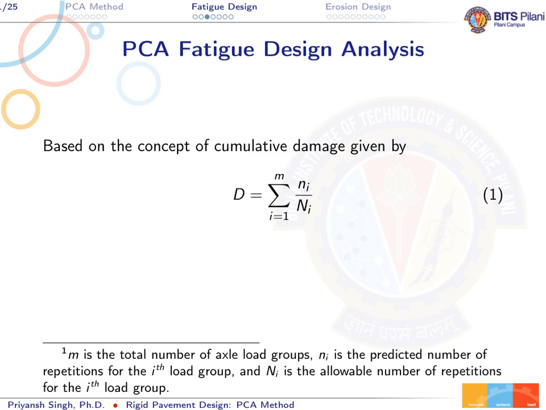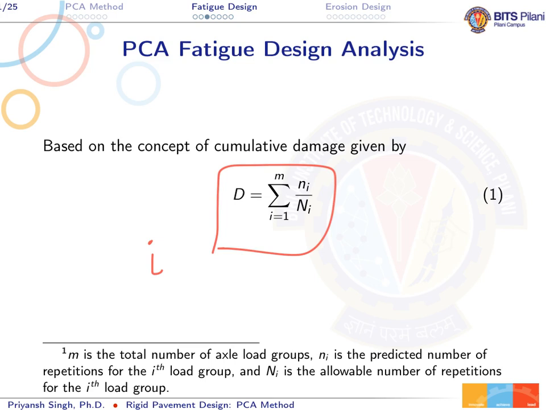In this case, small ni divided by capital Ni, that means actual passes upon the allowable number of passes, will give you the damage factor for the ith class of vehicle. So if you have m classes of vehicles, then the summation over all classes of vehicles will give you the damage factor due to fatigue.